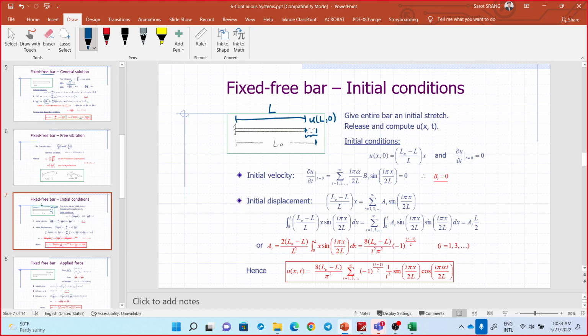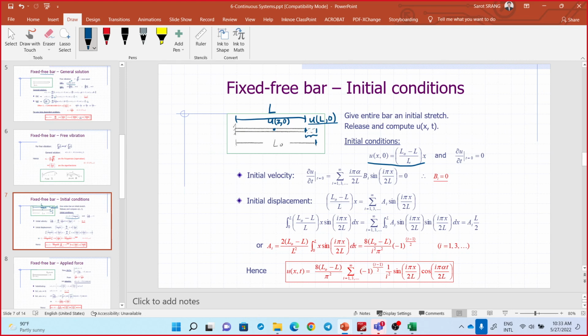What if we want to find u at any value h at time 0? Actually it is expressed by this term. We can do the proportional method. Let me verify by substituting h by L. If I substitute h by L, then L cancels, and we have L0 minus L as the displacement, which is this, right?